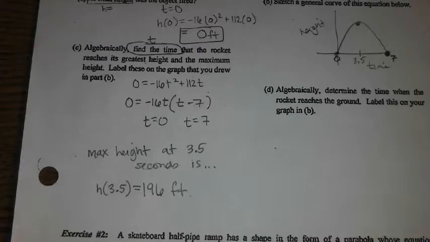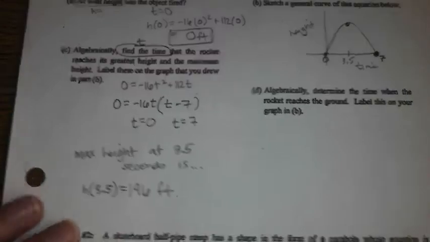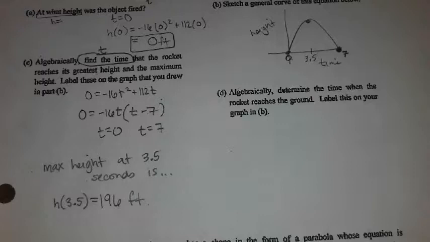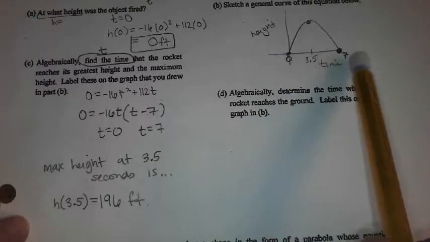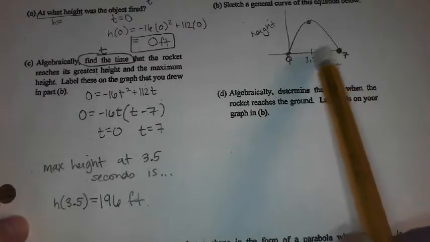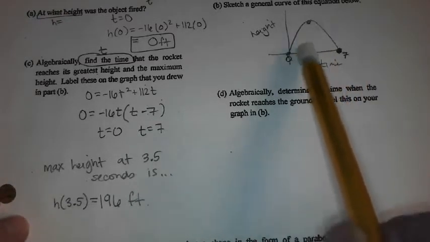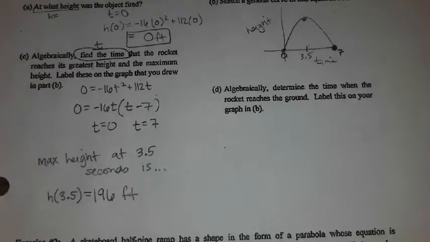And we actually already did D. Yes? So if you find your two roots, your maximum or minimum, your vertex will always be right down the middle. Okay? Any questions on that?